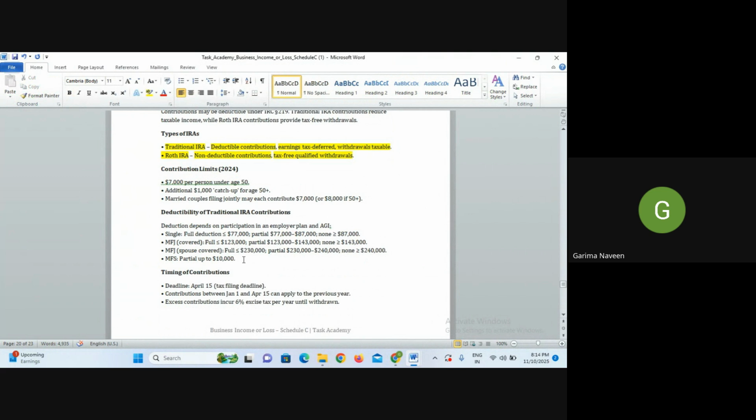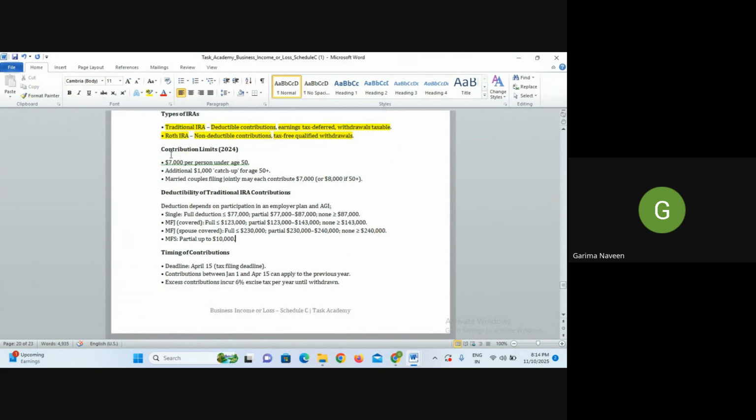If there is no employer sponsored plan, then there is no limit for deduction. You can get the whole deduction as you are contributing. Clear?